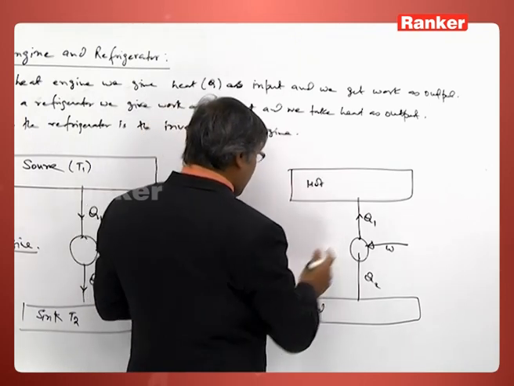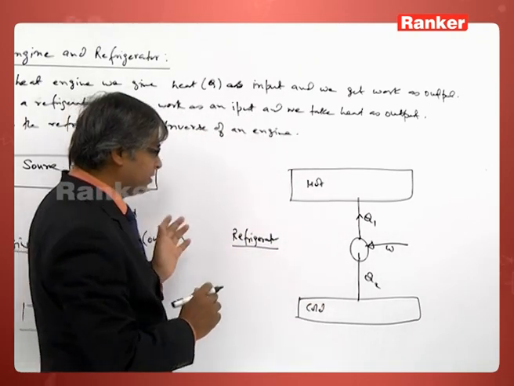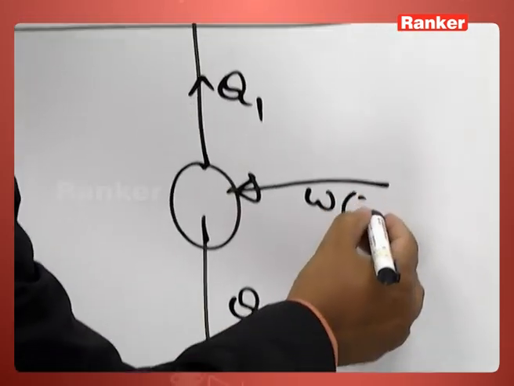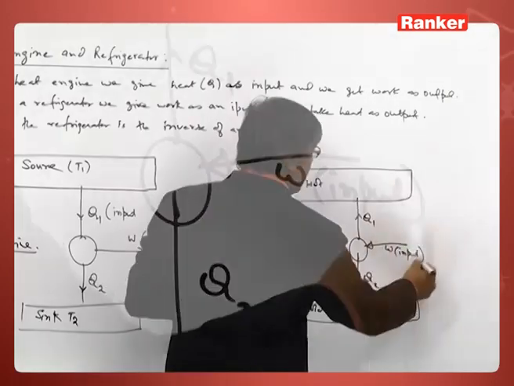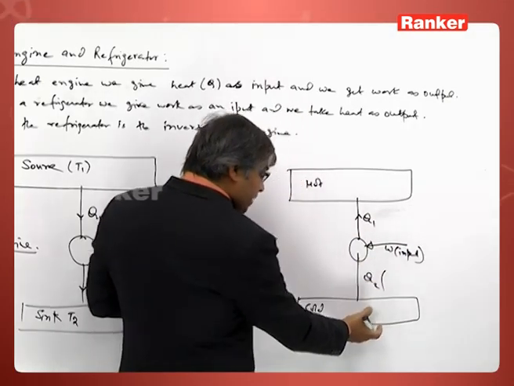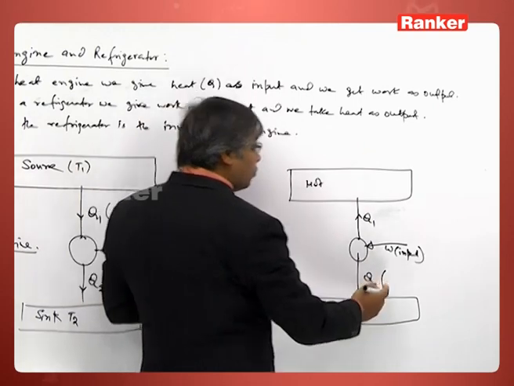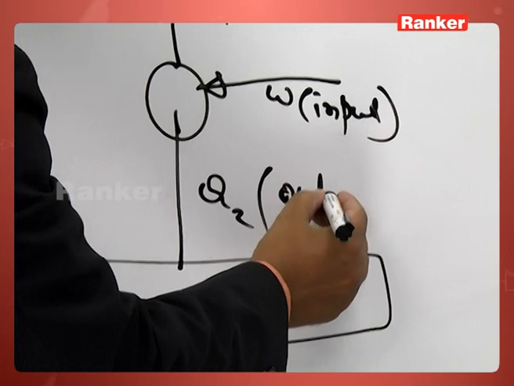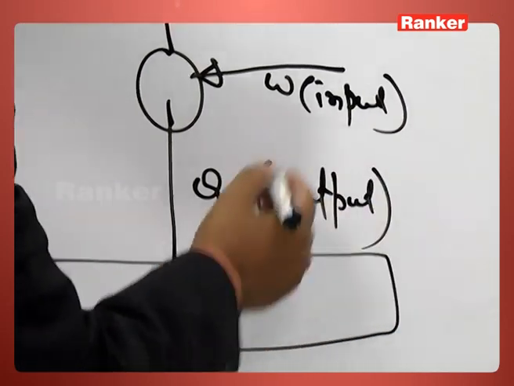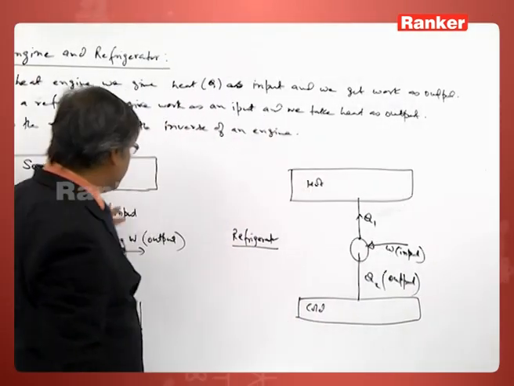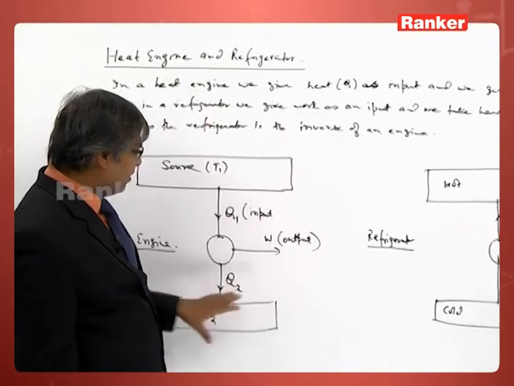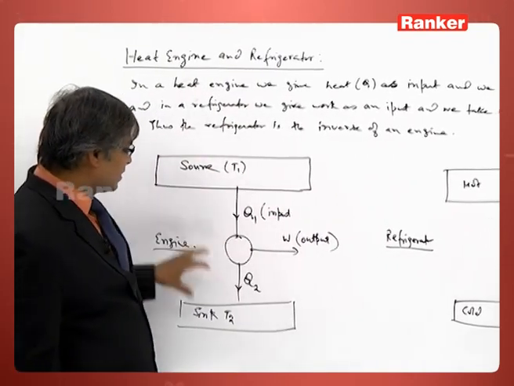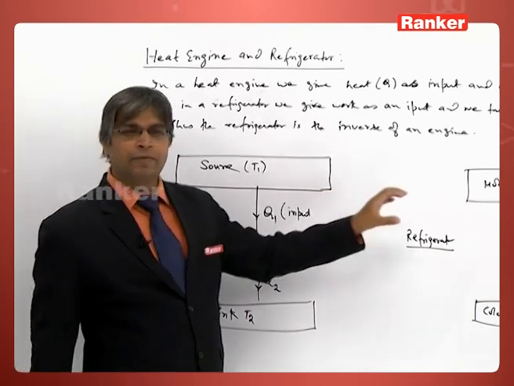So this is the opposite of the engine. Here work is input, and Q2, the amount of energy it takes from the cold reservoir, is the output. So this is input, this is output. These are the schematic diagrams in which we describe a heat engine and a refrigerator.